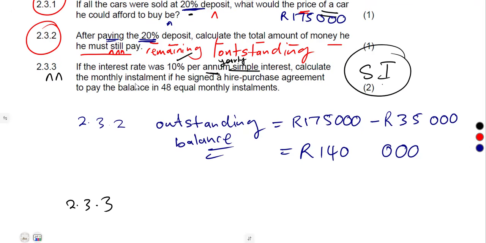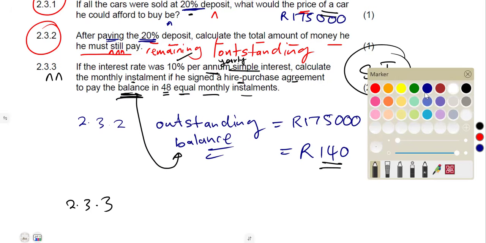Calculate the monthly installments. All right, let's forget about the monthly installment. Let's just focus on another part. If he signed a hire purchase agreement to pay the balance, what is to be paid? We are supposed to pay this in 48 equal monthly installments.